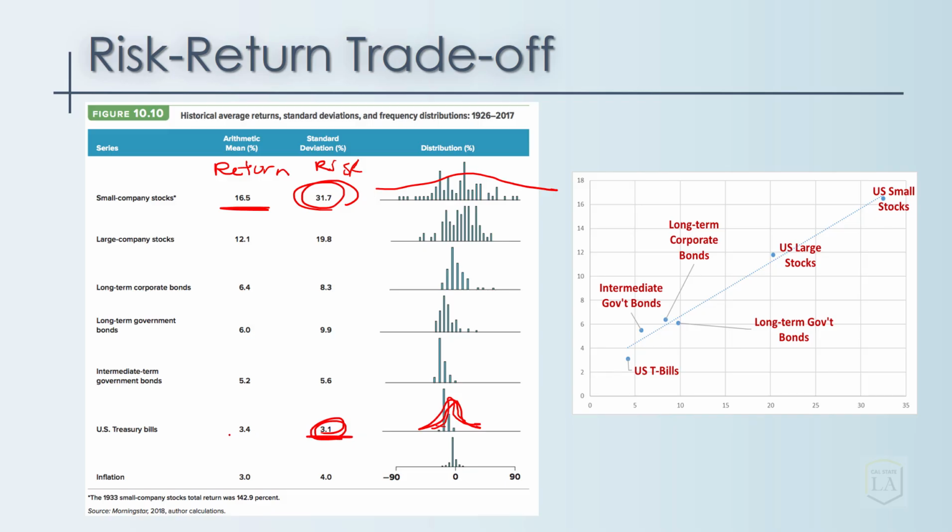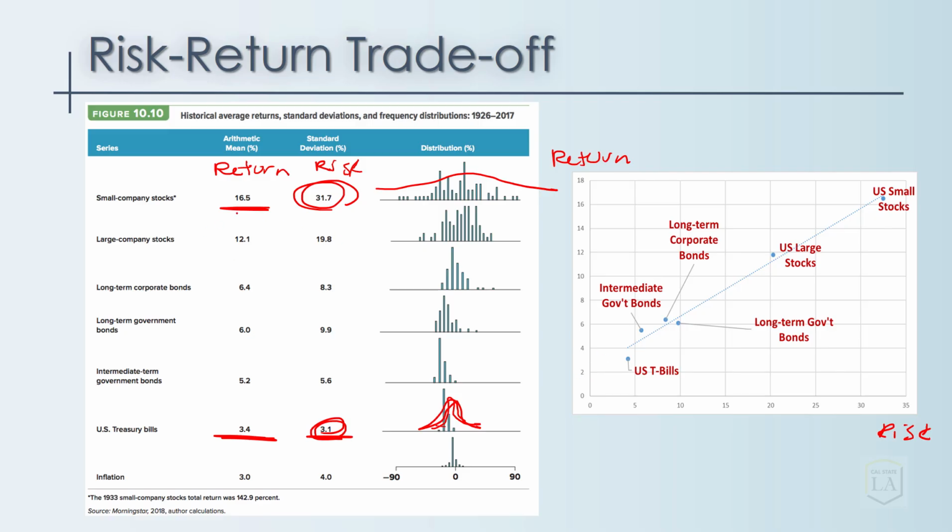Lower risk was rewarded by lower return. And if you just try to track it on a two-dimensional graph, let's suppose this was return and the x-axis was risk. As you can see, US T-bill, low risk, lower return. US small stocks, higher risk, higher return.